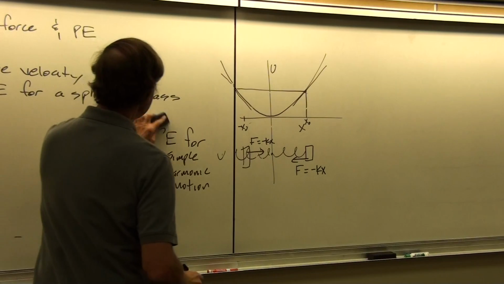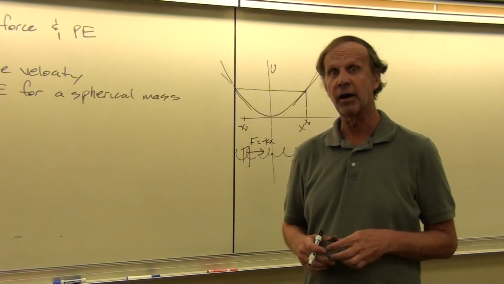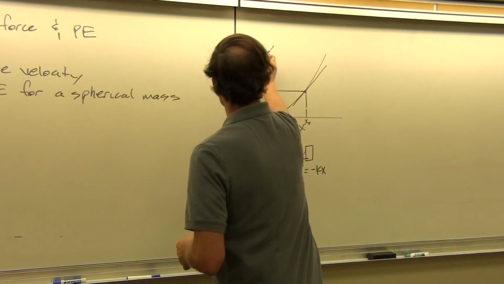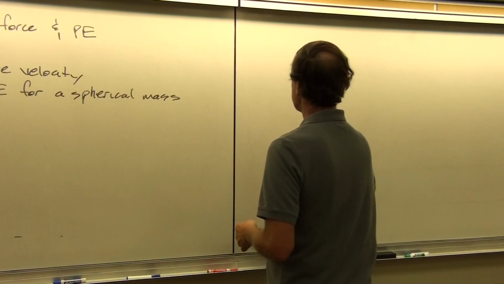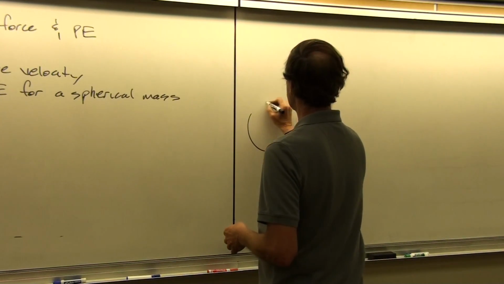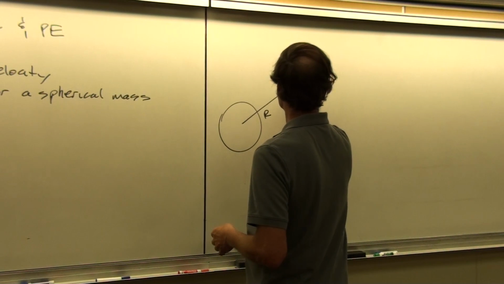Now, what if the potential energy function is just a function of r? Well, that turns out to be the case if we want to know what the potential energy is a certain distance r away from a spherical mass.